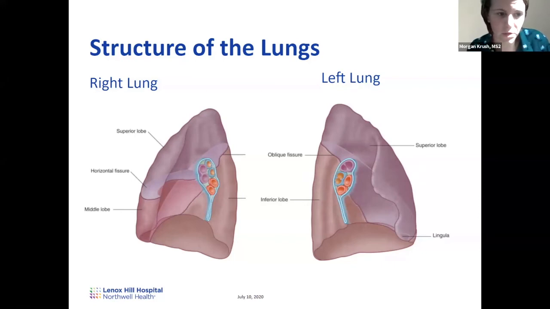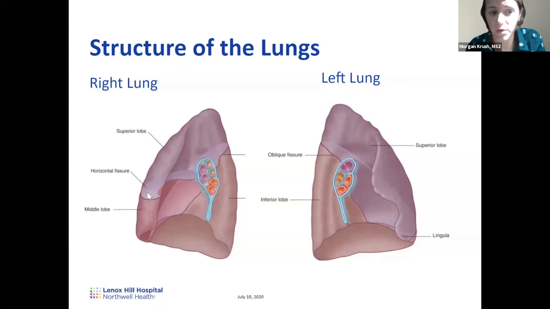So it's pretty interesting. The biggest thing that you will probably be able to notice is that the right lung has 3 lobes compared to the left lung that has 2 lobes. You can see these lobes are divided by fissures. You have oblique fissures on both the left and right lung.